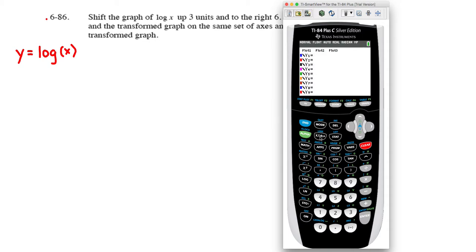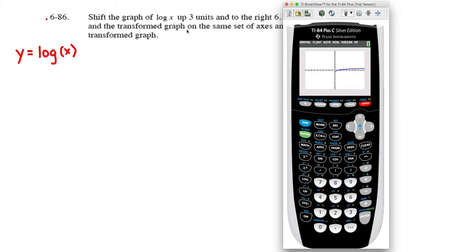I'm going to go ahead and graph y equals log of x, and this would be like our parent function here. Let's graph it. Boom. So you see it starts and it goes up this way. Remember, this is the inverse of an exponential function, which curves upward this way.